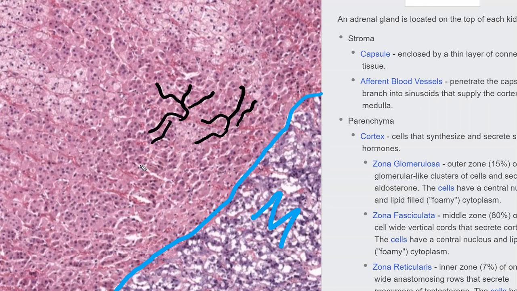They're not vertical like the fasciculata, they're just kind of branchy. And so you're looking for dark cells like this next to the medulla, and you're looking for that branchy appearance. That is Zona Reticularis.